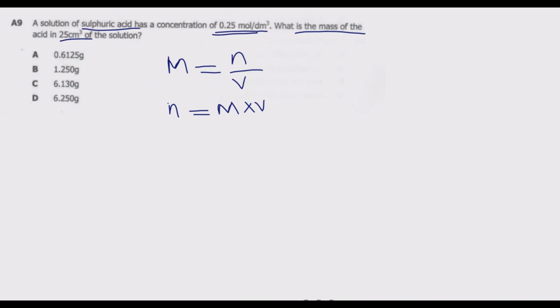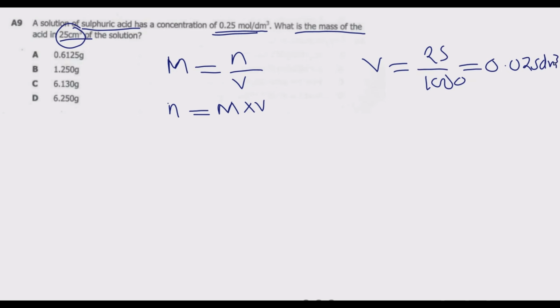Now volume should be in decimeter cubed. We know that in 1 decimeter cubed we have 1000 centimeter cubed. So to find this volume in decimeters cubed, we just divide 25 by 1000, then we get 0.025 decimeter cubed.